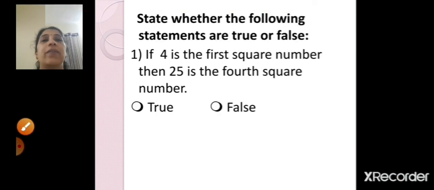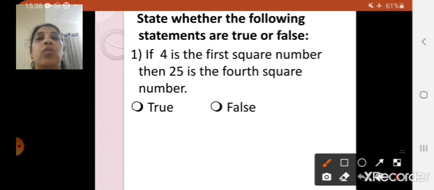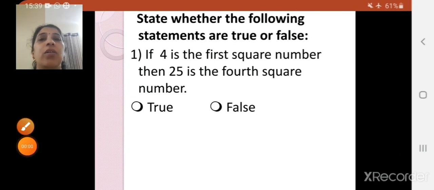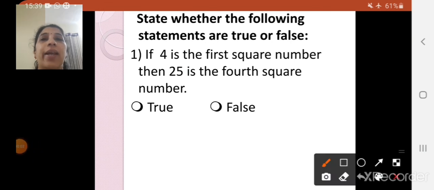Now state whether the following statements are true or false, right? So first one is, if 4 is the first square number, then 25 is the fourth square number. So you have to say whether it is true or false. Now 4 is the first square number, they have told, right? So what we'll do, we'll write all the square numbers, right? So what is the first square number?